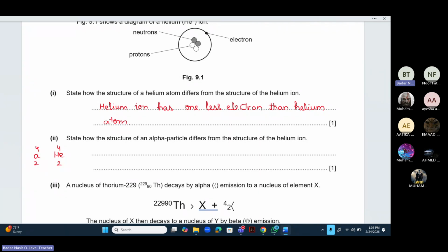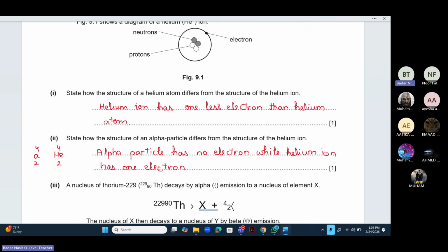Even अगर वो एक इलेक्ट्रॉन लूज कर लेता है तो it has one more electron. ठीक है? Alpha particle has no electron, while helium ion has one electron.